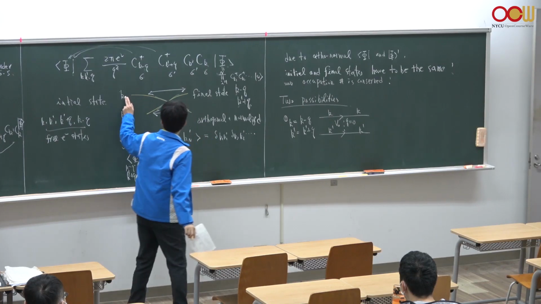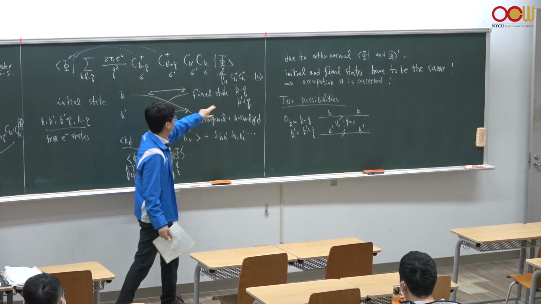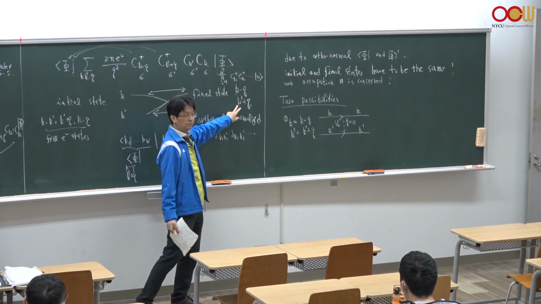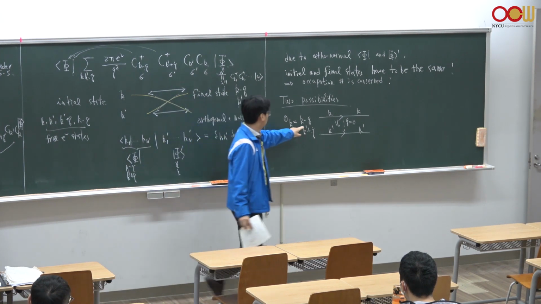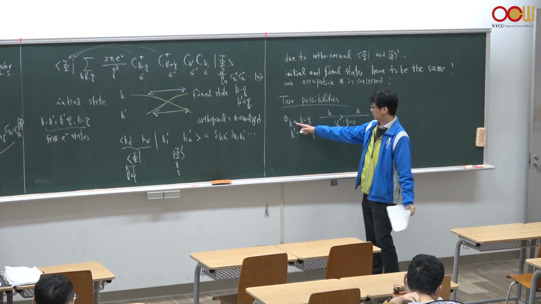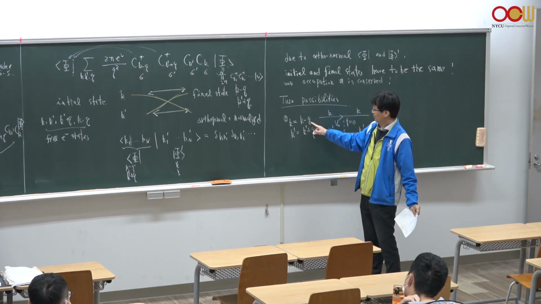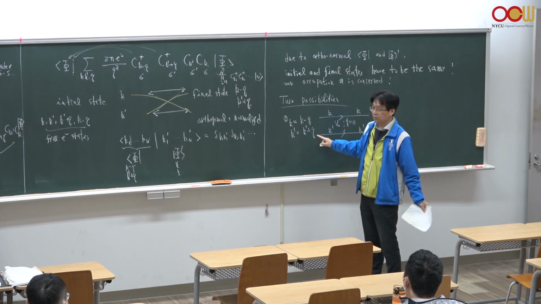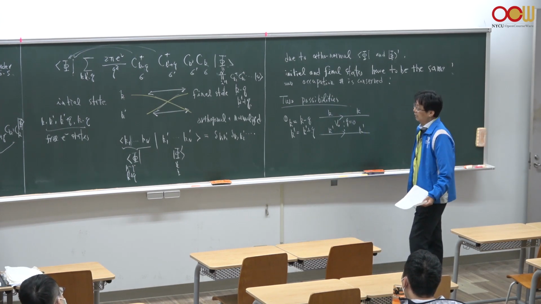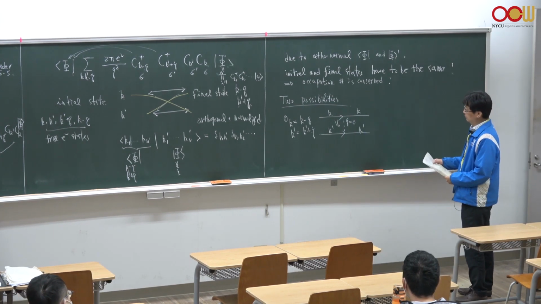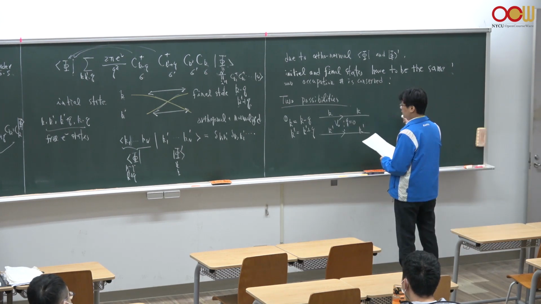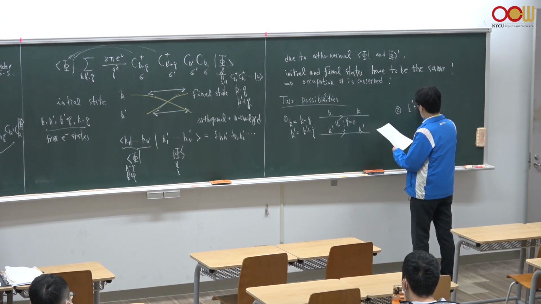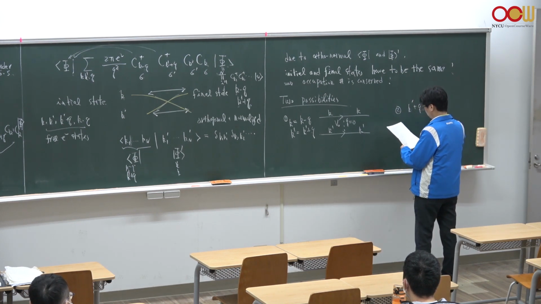Suppose I identify the initial state k as the final state k minus q, and k prime as k prime plus q, which means that q must be 0, because k is k minus q, so q is 0, and k prime is k prime plus q, so q is 0, right? And that's the first possibility. The second possibility is the other way around, that you exchange these 2 momenta.